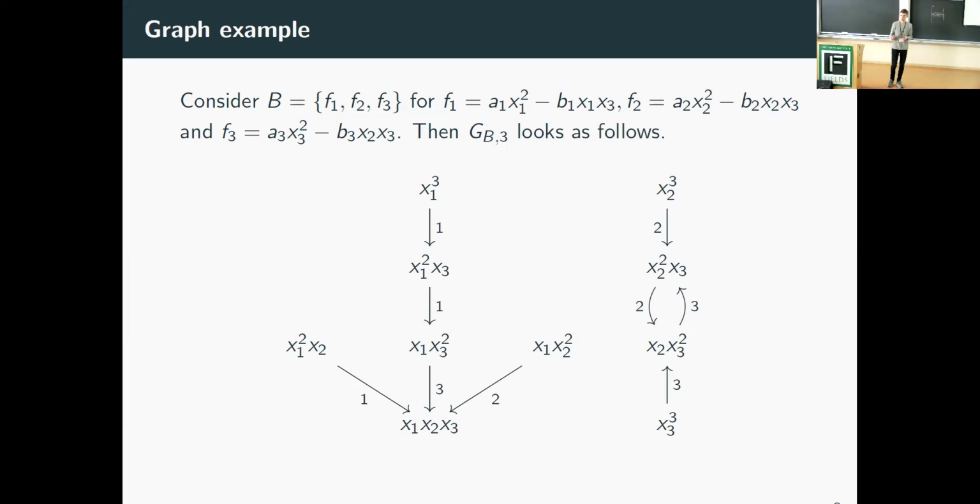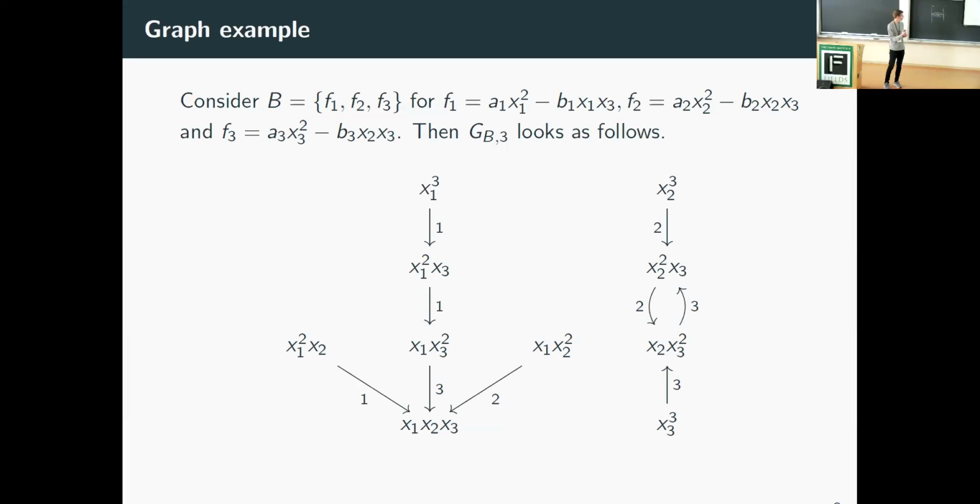So from what we said before, any monomial here will either have a directed path going down to that one, or they will have a directed path going to a directed cycle, as in the other component.